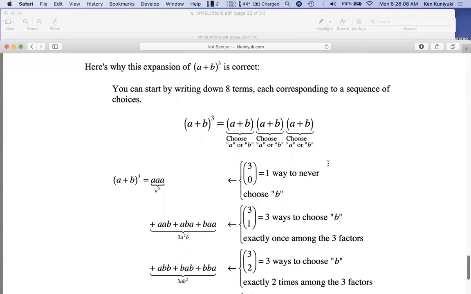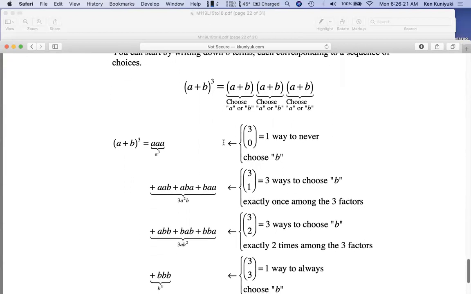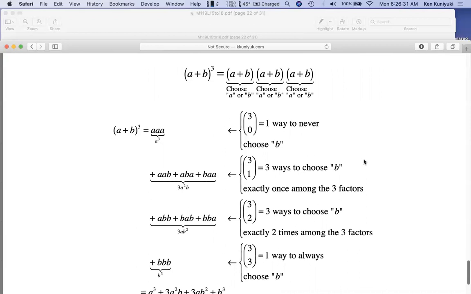Again, instead of salad, we can talk about B, or a success, or getting a question right, or getting a head. So basically, if you choose a term from here, and then choose a term from here, and then choose a term from here, there are 8 ways to do that. 2 times 2 times 2. 2 to the third is 8.